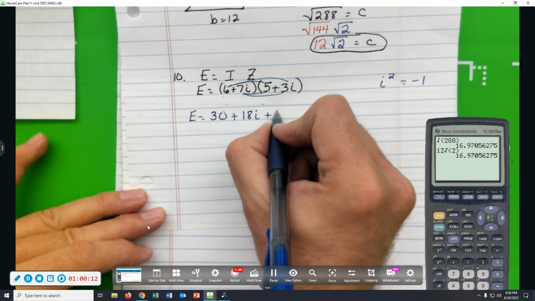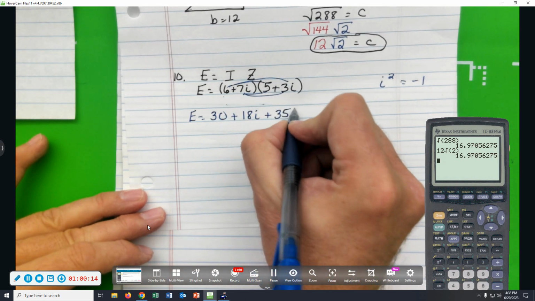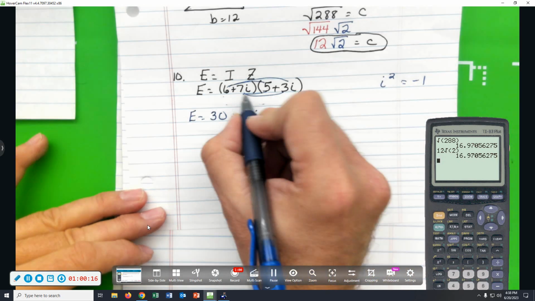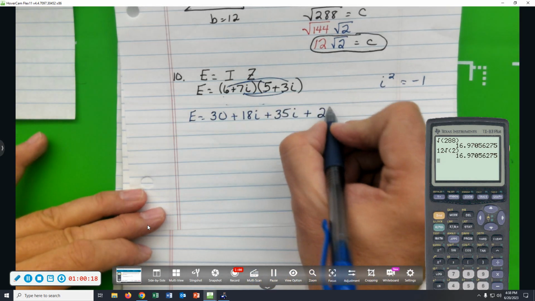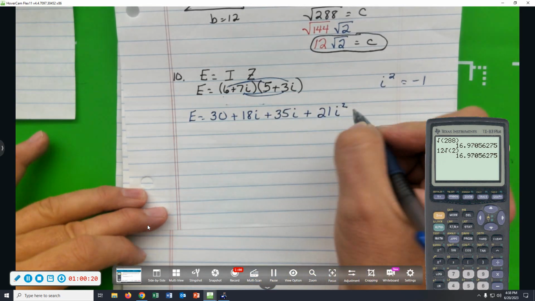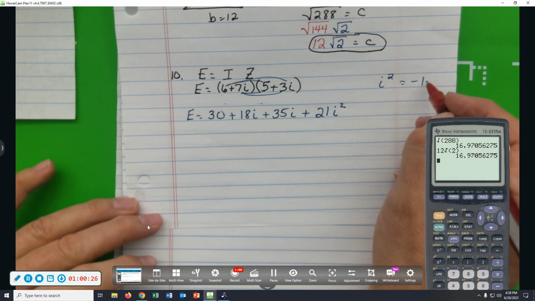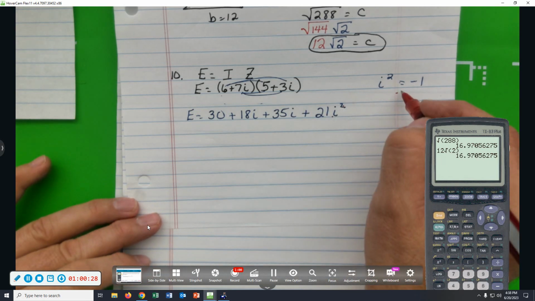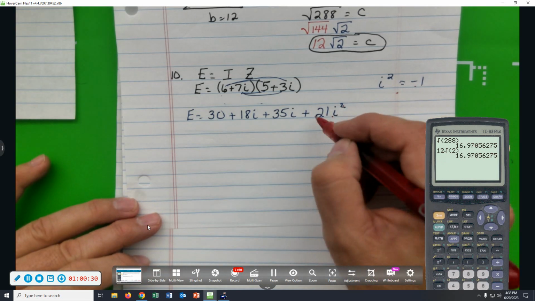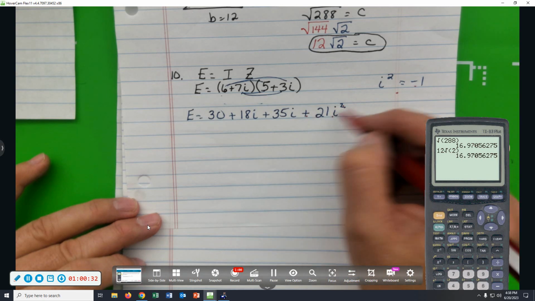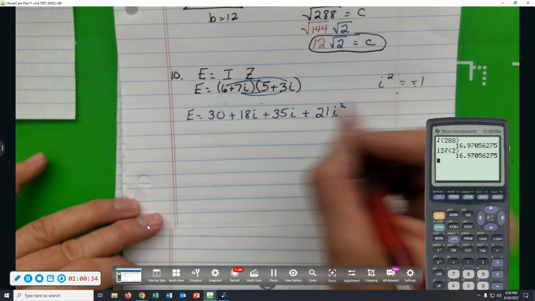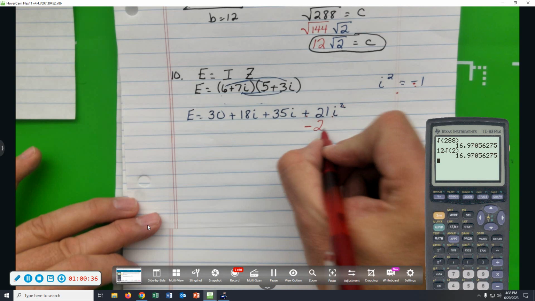Is this a plus 35i? And a plus 21i squared. 7i times 3i. Now, if we replace this i squared with a -1, positive 21 times a -1, that's just going to be a -21.